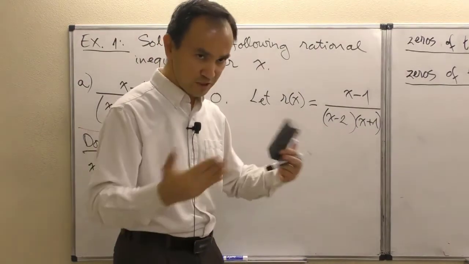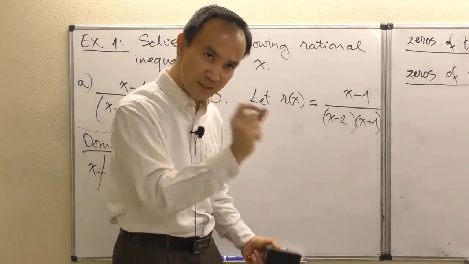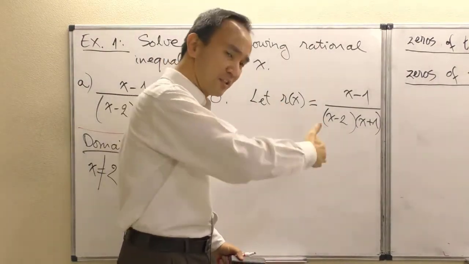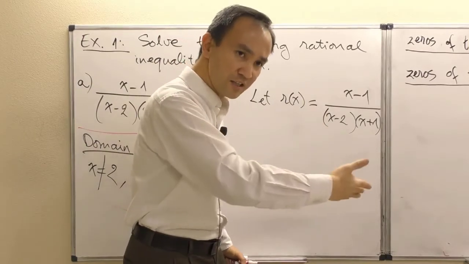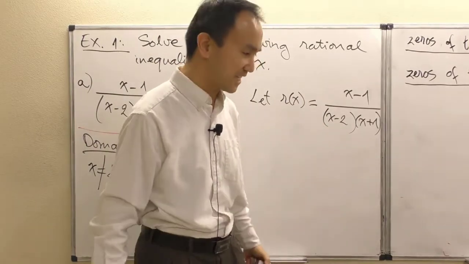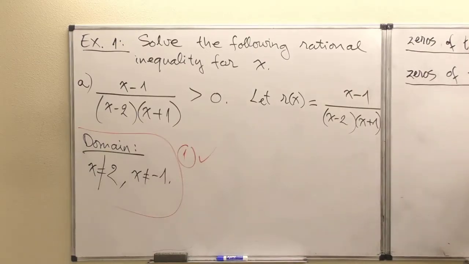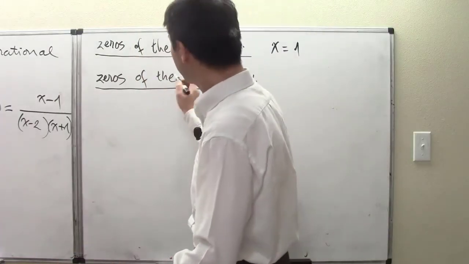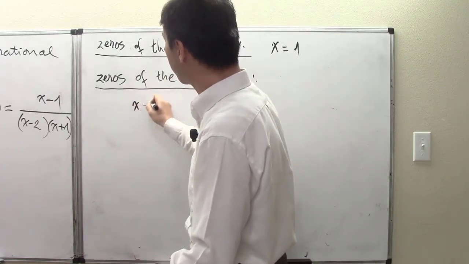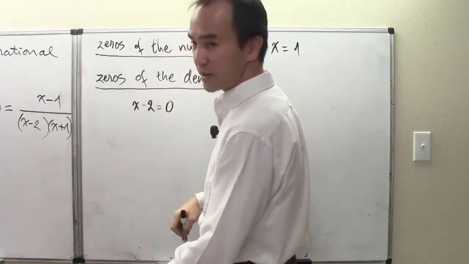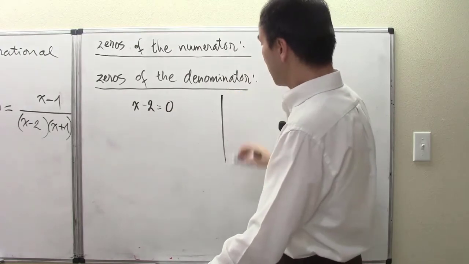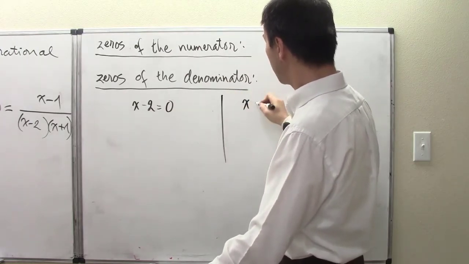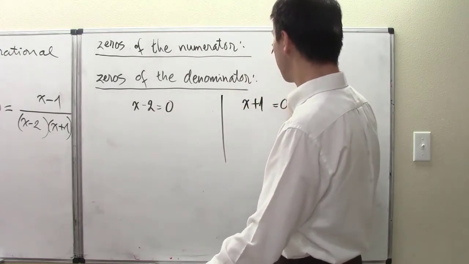I'm still going to repeat the little sub-steps, even though at this point in the lesson you should be a lot more mature in that. One distinct factor in the current denominator is x minus 2. I'm going to set that equal to 0. Another distinct factor in the denominator is x plus 1. I'm going to set that equal to 0.